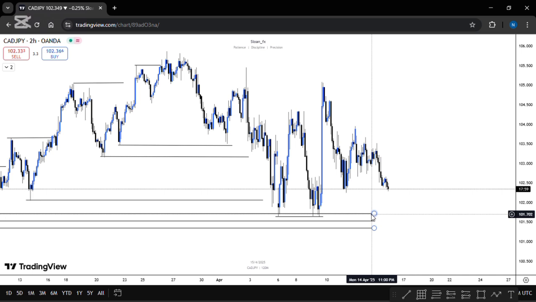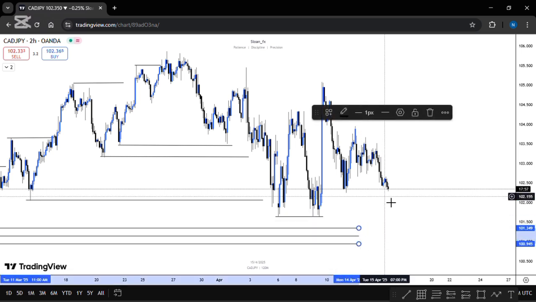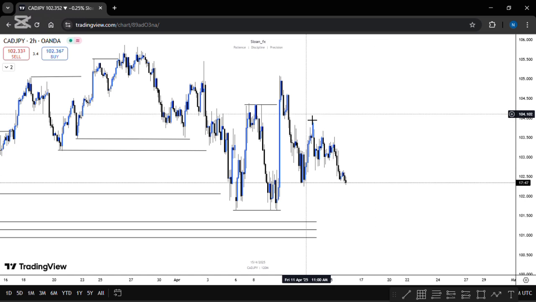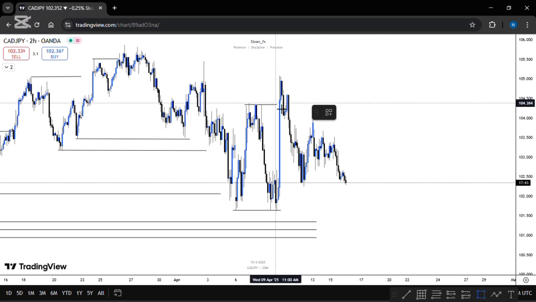So basically if I'm going to pick an entry, I'm just going to scale into this trade, probably wait for an entry, then I can enter. I have my fair value gap here, which has been filled quite alright. Then I have my entry.